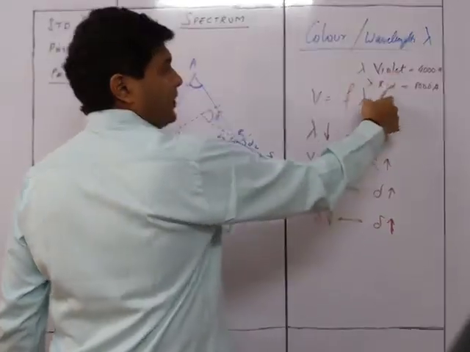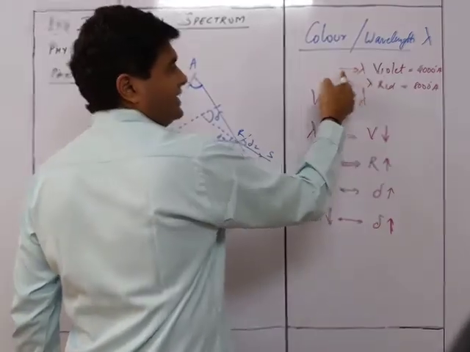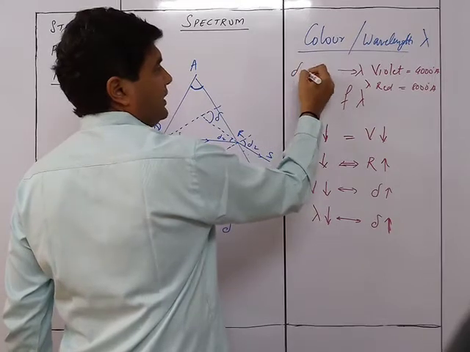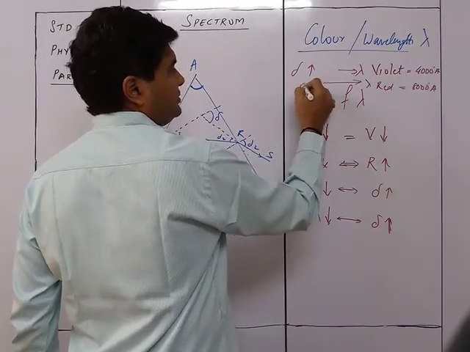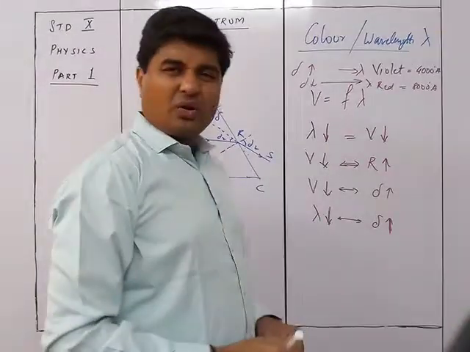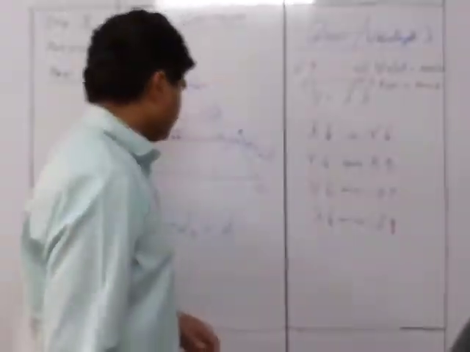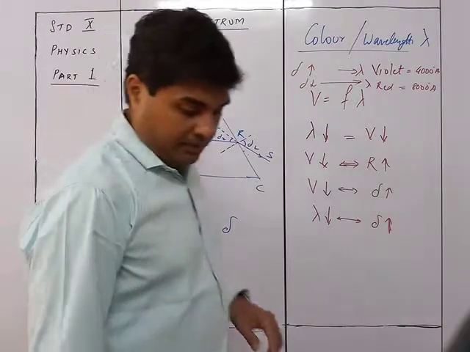So accordingly, this is less, so the deviation is more. This is more, so the deviation is less. Got it? This is a simple understanding.